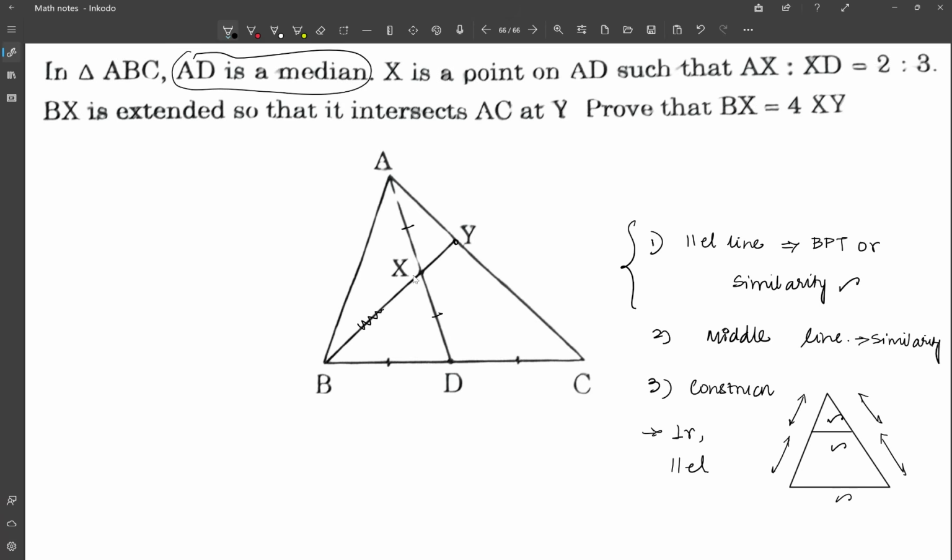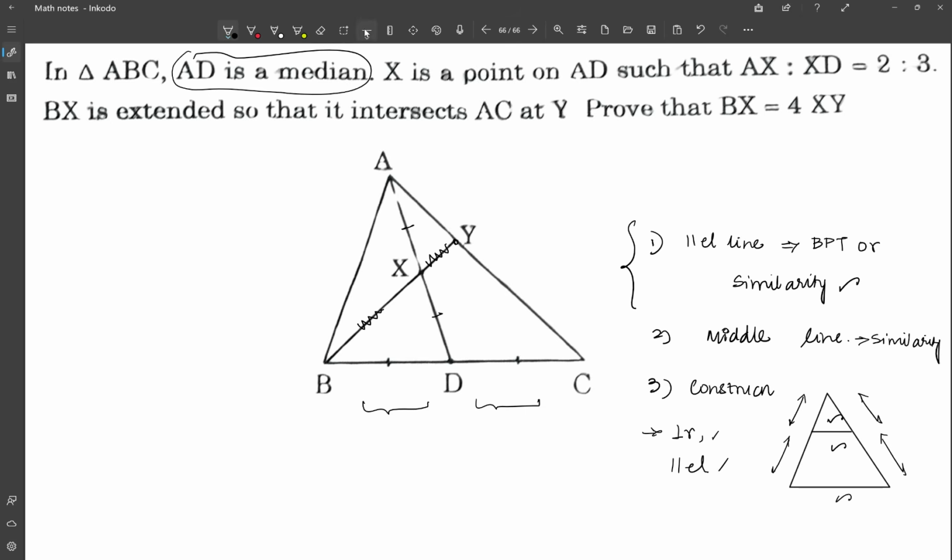So this line segment and this line segment are involved. Now, there is this AD, which is a median, which means BD and DC are equal. We have to make a construction so that there are two similar triangles, and that construction, I told you, can either be a perpendicular line or a parallel line.